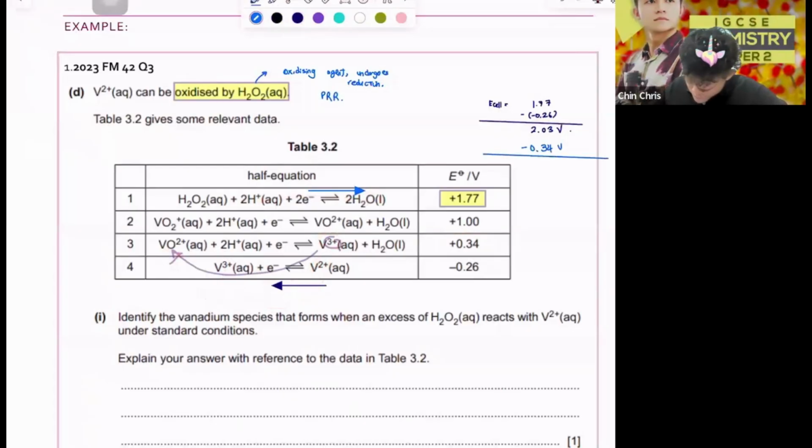You still get 1.69. This is when your VO2+ is formed already. Can this undergo further oxidation? Yes, it can oxidize further to turn into VO2+. What's the value now?